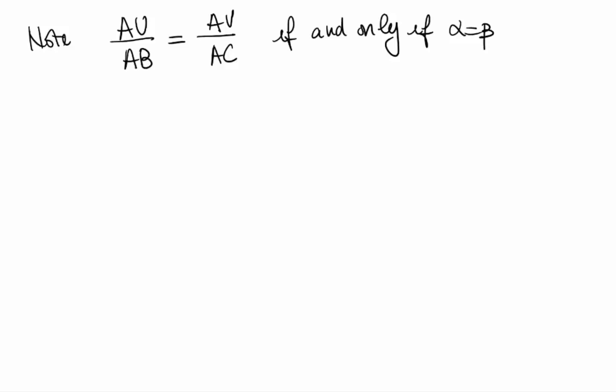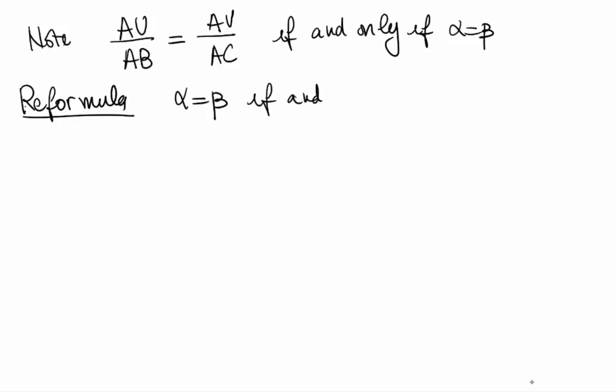So we can really reformulate the problem as follows. So here is a reformulation of our lemma. Alpha is equal to beta if and only if UV is parallel to BC.